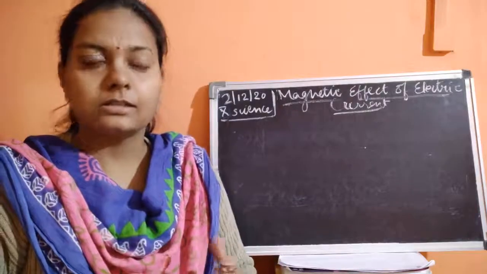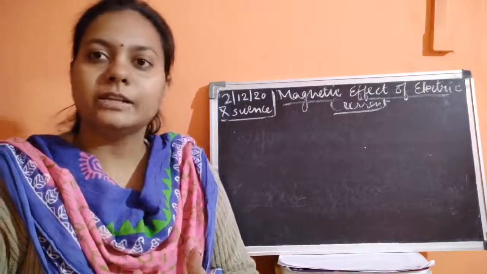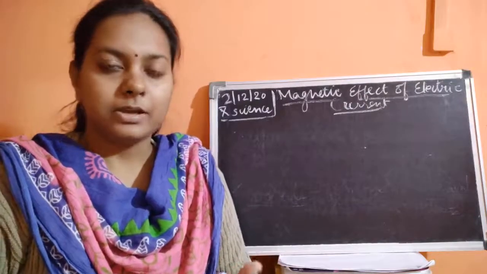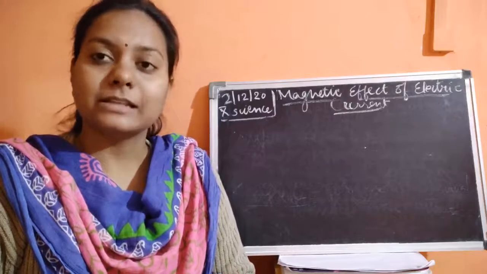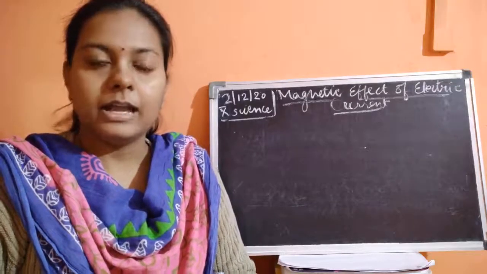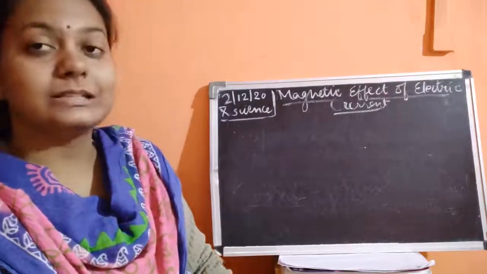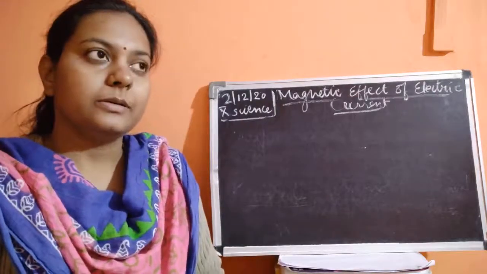What are these effects? The first effect is the heating effect, which we have already discussed in the last chapter, and then there is a chemical effect of electric current, which will be discussed later in the chemistry part, and lastly it is the magnetic effect of electric current, which is to be discussed in this chapter.